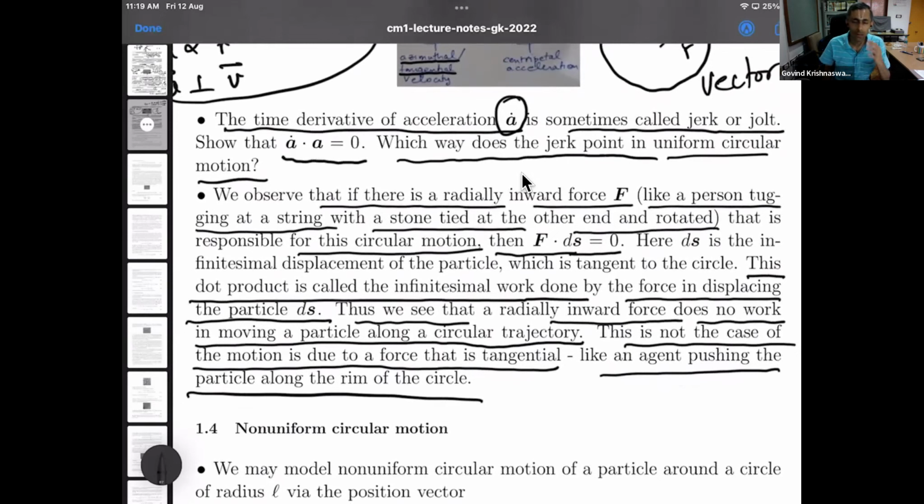Just as a quick remark, I want to say that these concepts of Coriolis and centrifugal forces arise when one views the motion of a particle from a rotating frame, like the frame of a rotating merry-go-round or the earth. They don't necessarily refer to circular motion of a particle.